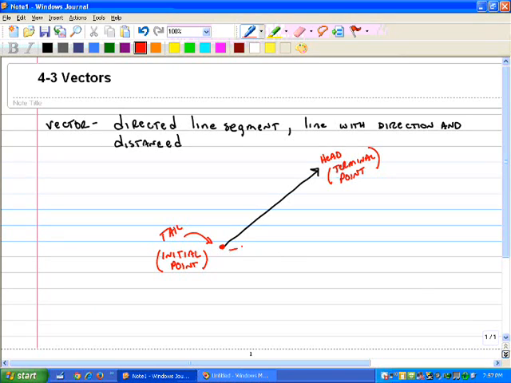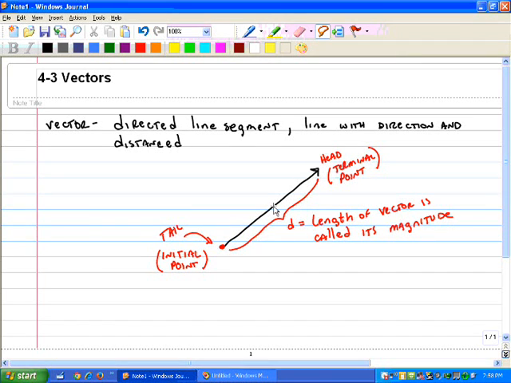The magnitude is the length of the vector, or the distance from the tail to the head. It's important to know that the length of a vector is simply a number. It's just a measurement of how long the vector is.